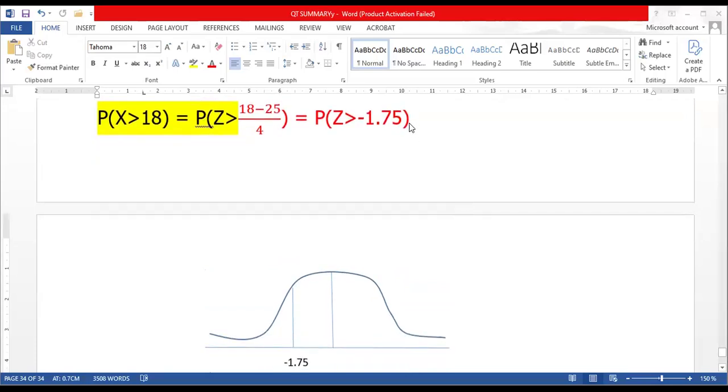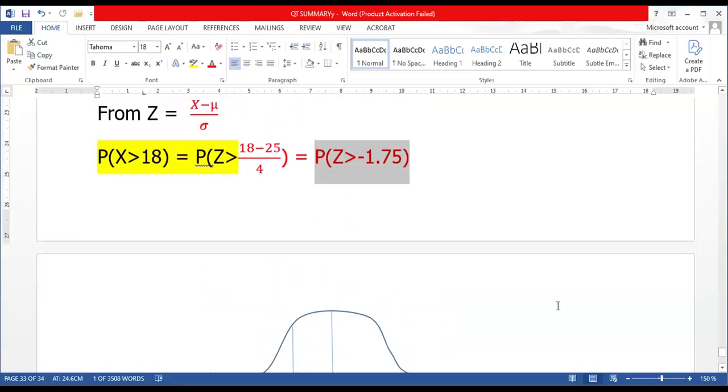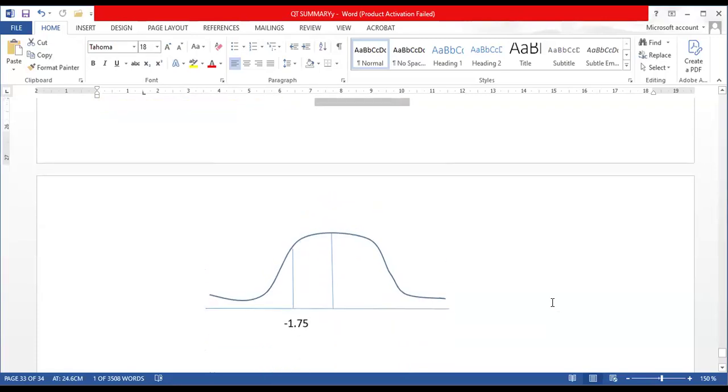Don't shade the unwanted region. If they say the probability of Z is greater than negative 1.75, do you shade the left side or the right side? Who can tell me? Where do you find values greater than negative 1.75?